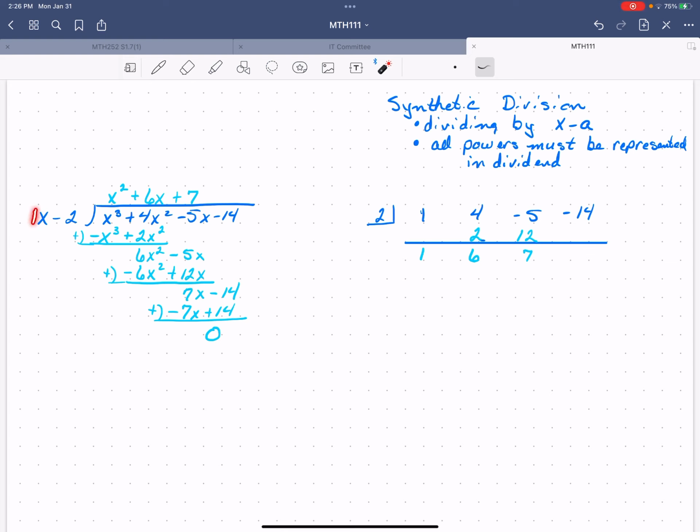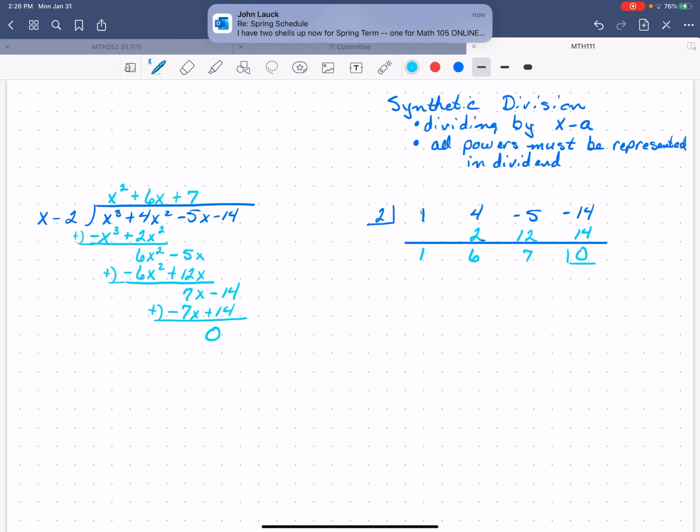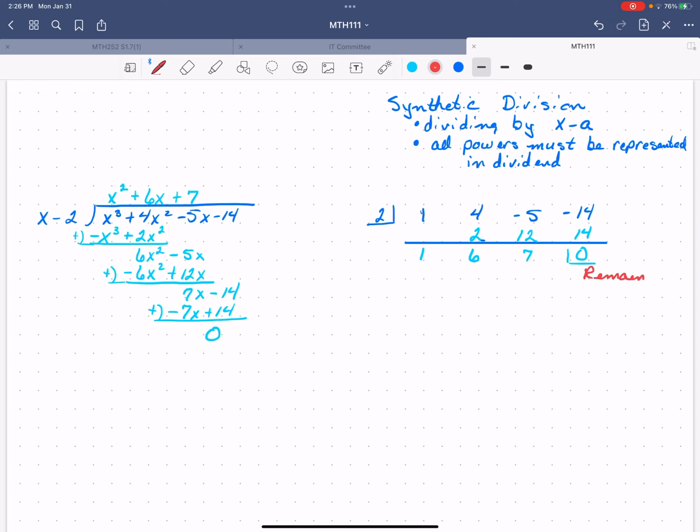And as long as this is a 1, this number will always match this number. Now I multiply my 2 times my 7, and I get 14, and this will always be my remainder, which in this case is indeed 0, indicating that x minus 2 is a factor.